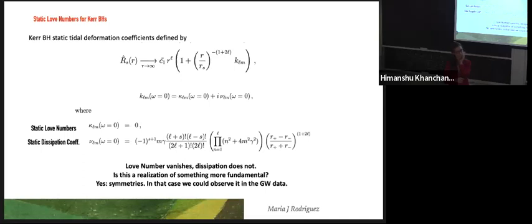And static love numbers just correspond to higher-dimensional operators on the worldline without time derivatives. And in this case, what would the dissipation be? The dissipation is there because the Schwarzschild black hole has dissipation, just because stuff can fall into it, but that dissipation is not static, but then there is the frame dragging effect. So from that we know there should be dissipation.